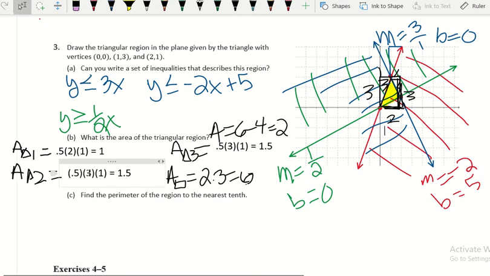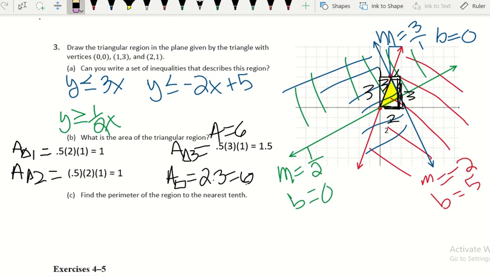Triangle 2 has not a length of 3, but a length of 2 here and 1. So instead of being 1.5, this should be 1. So we've got to fix this. This should be 6 minus 3.5, and so that is 2.5. So that is the area.